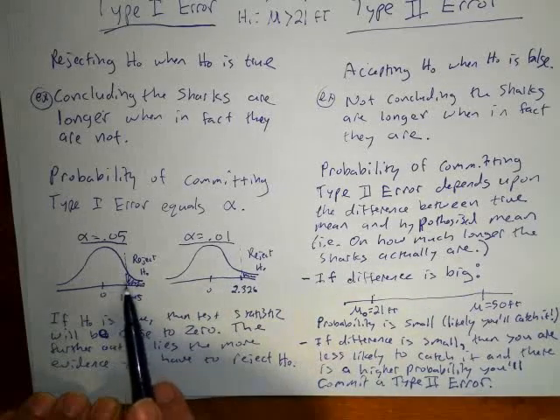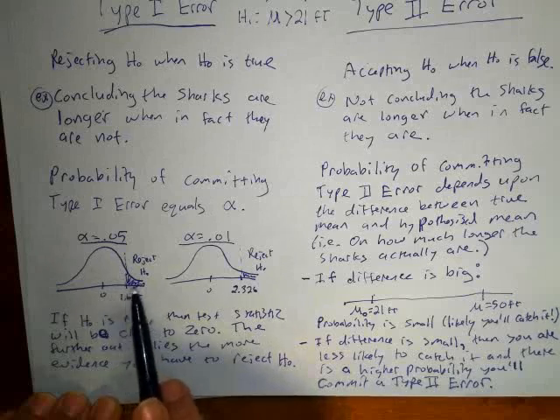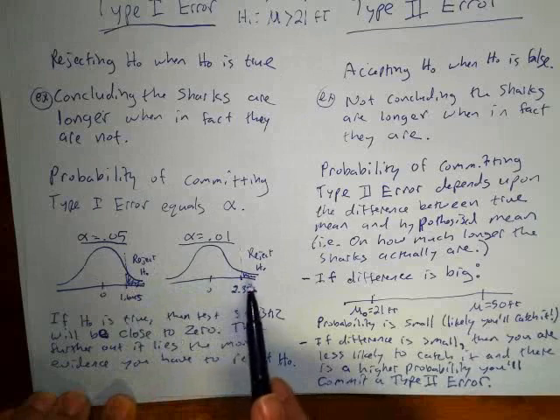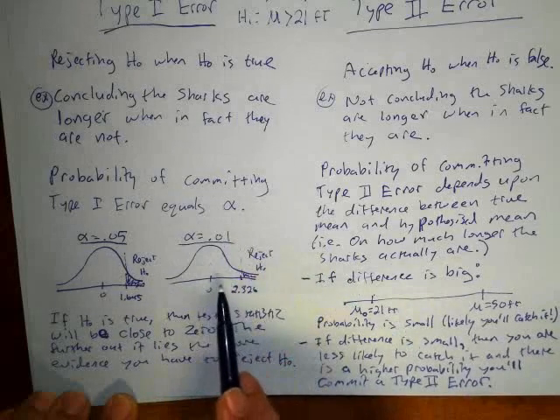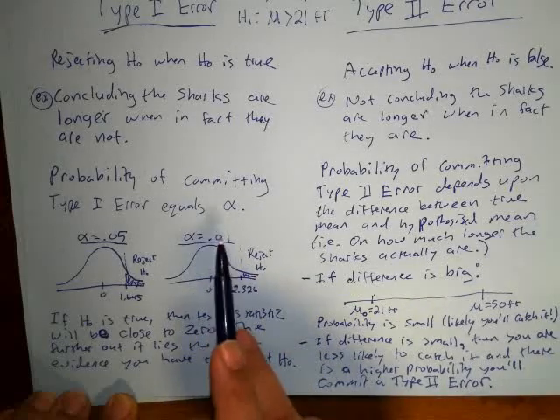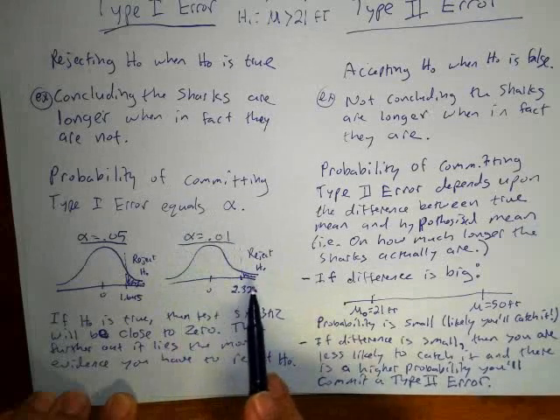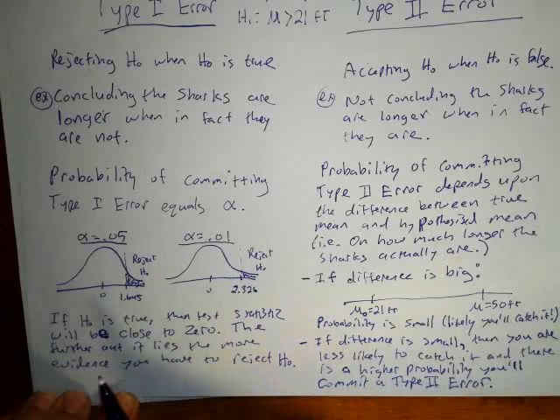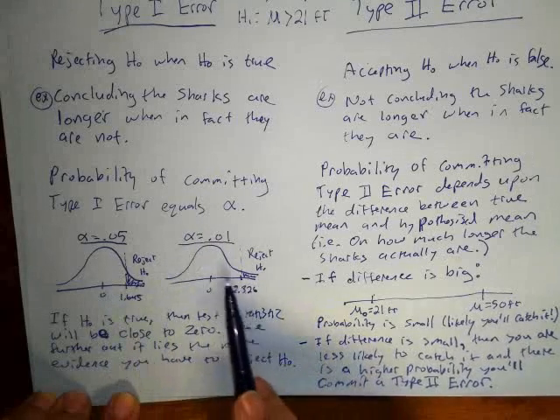Here it doesn't require the test statistic to go out as far, so it's easier to reject. But here you have to go all the way beyond that, and in our shark example, 2.04 did not go into the rejection region at the 0.01 significance level. And so you failed to reject H naught.